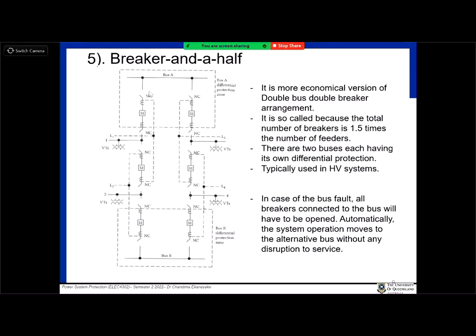Each of these buses will have its own protection scheme, and usually those are differential protection, as I said before, because you are measuring the current difference. So bus protection is always associated with a differential protection scheme, not other schemes.